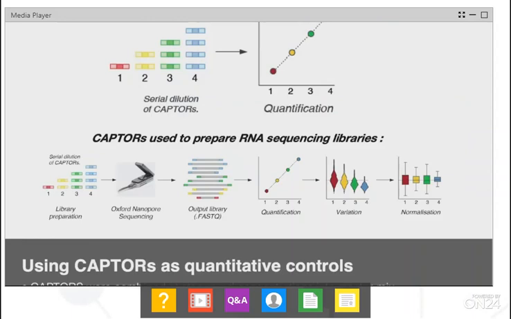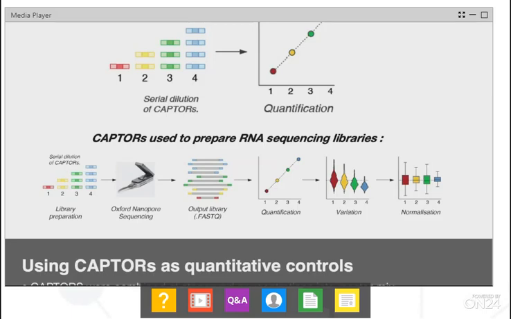Now, in these previous slides, we've shown how CAPTORs can provide a quantitative evaluation of sequencing accuracy and performance. But they can also provide a quantitative evaluation of the library. What they can do is measure the quantitative accuracy and the quantitative complexity of a library. They can evaluate that quantitative dimension during the sequencing experiment.